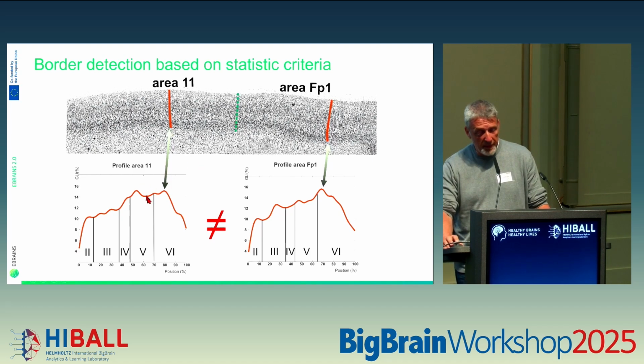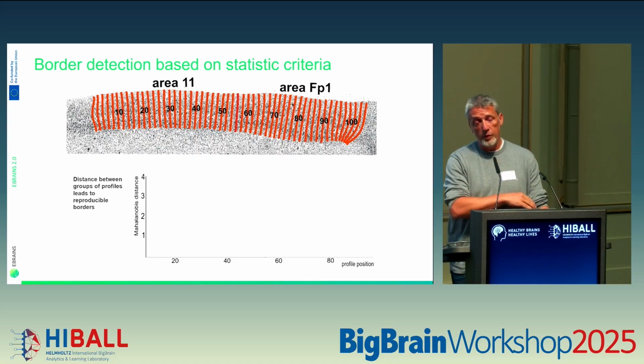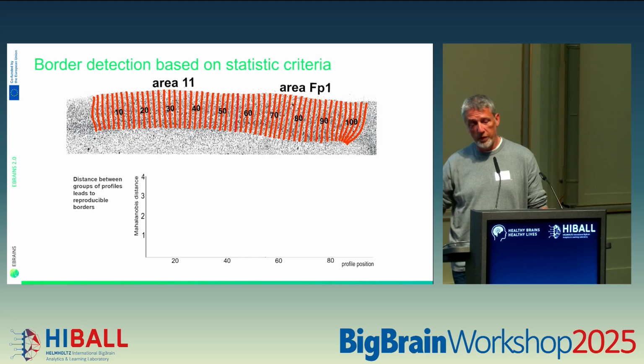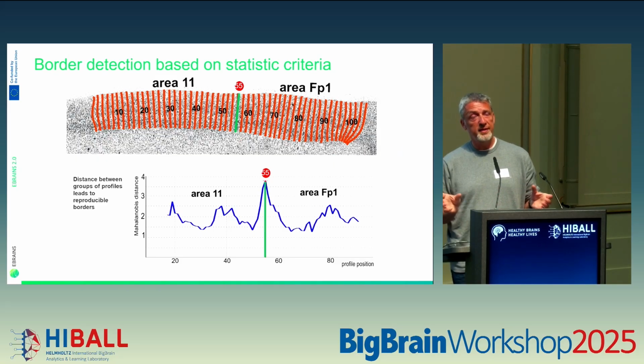Here you can see that the peaks and the shape of the profiles are different. But since it's biological tissue, we have quite a lot of noise, and we cannot do it on only one profile. So we define profiles all along the cortical ribbon. And then we use a sliding window approach, which moves along the cortical ribbon and compares groups of profiles.